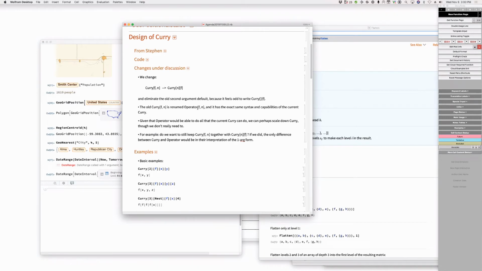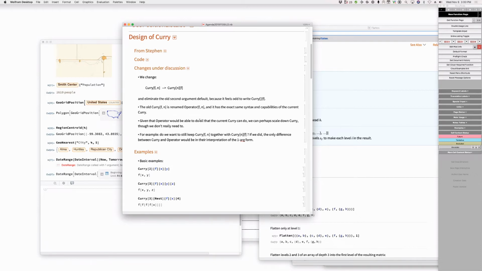So what we want to do is the current curry would be renamed operator or something else. I mean, operator is still on the table. Exactly. I told Roger and he immediately said no, because we will have differential operators in the future. Does Roger have a concrete suggestion for this? No, he does not.